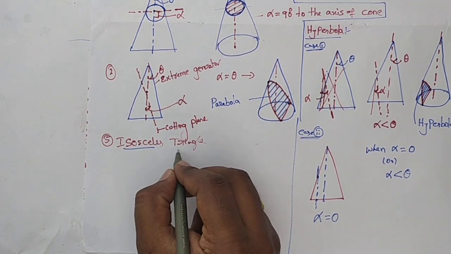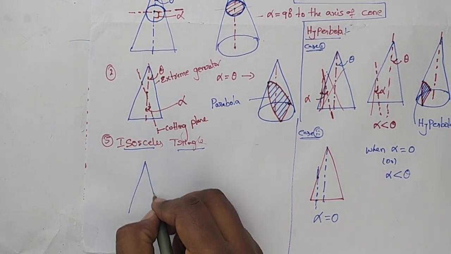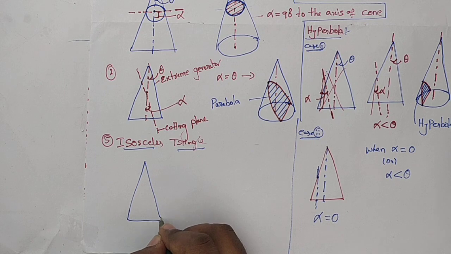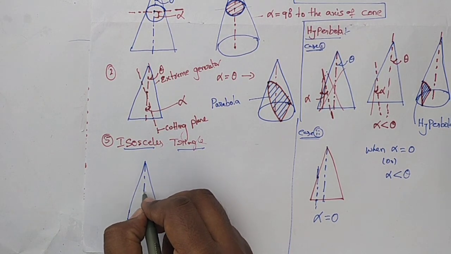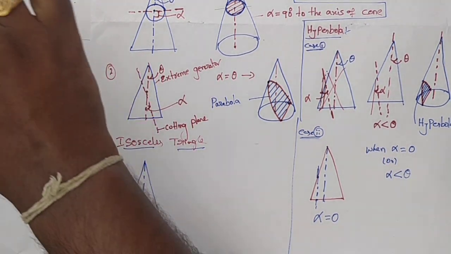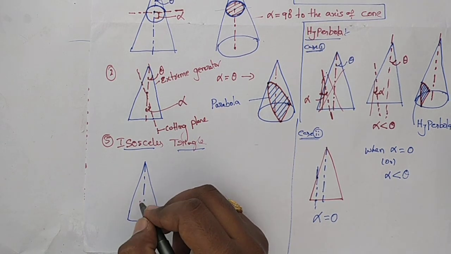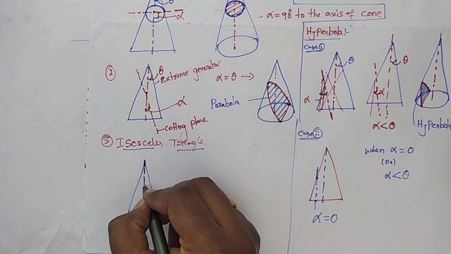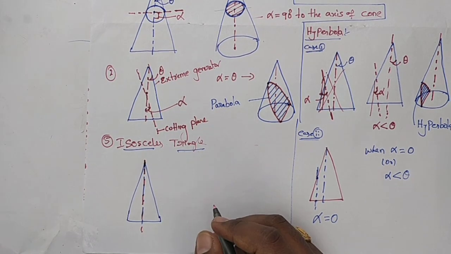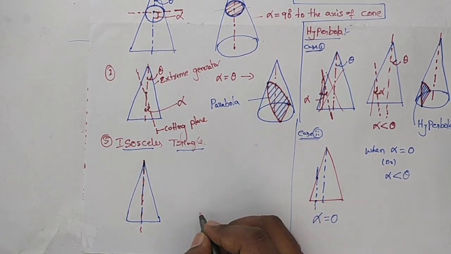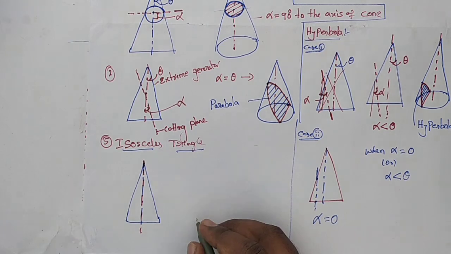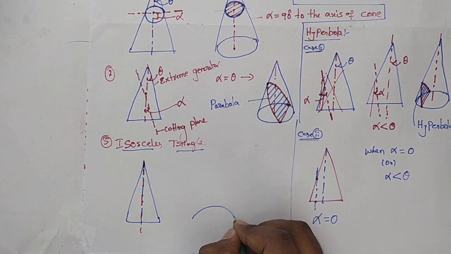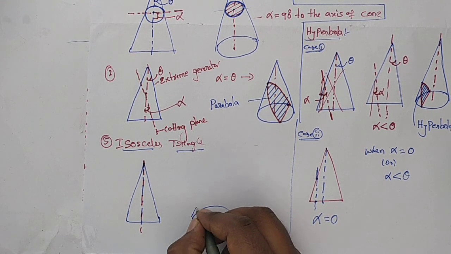It is formed when a cone is cut by a section plane parallel to the axis and passing through the apex. At that time the formed surface is known as isosceles triangle.